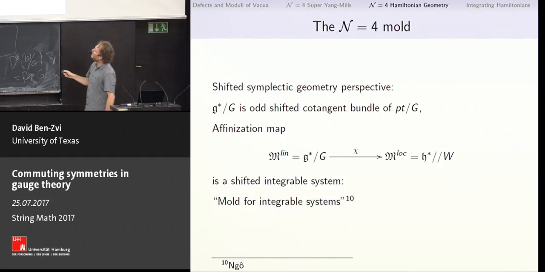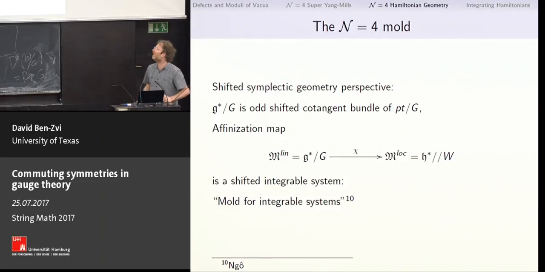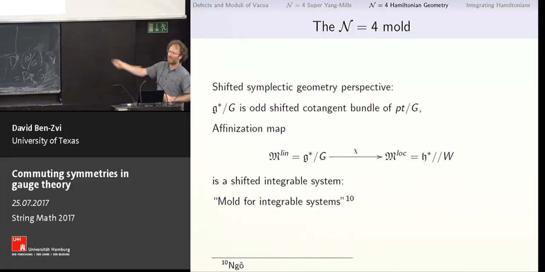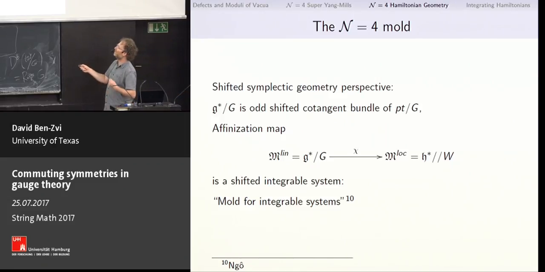If you like the language of shifted symplectic geometry, this space G dual mod G is a shifted version of the cotangent bundle of a point mod G. The cotangent bundle of a point mod G would be the little Lie algebra g dual sitting in degree 1, and now we've shifted it. So whatever this funny space is, it has some kind of symplectic structure. It's a kind of cotangent bundle, which means it has a symplectic structure. That's what shifted symplectic geometry is there to provide.